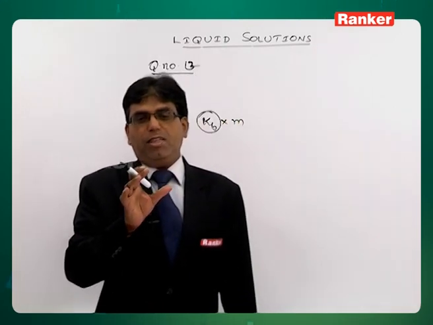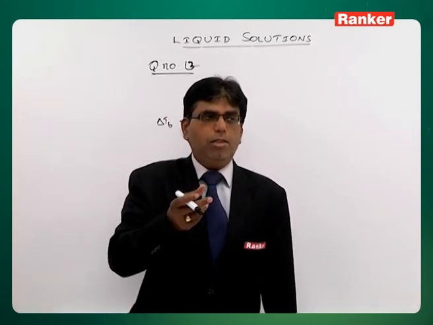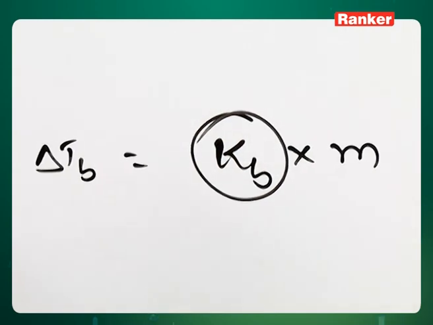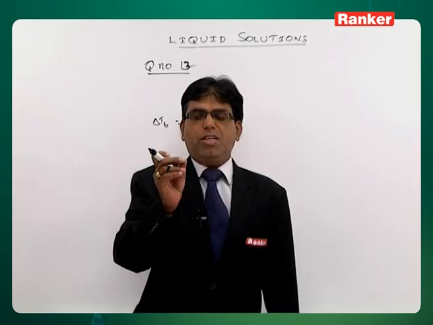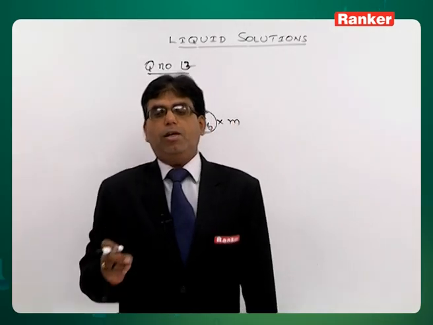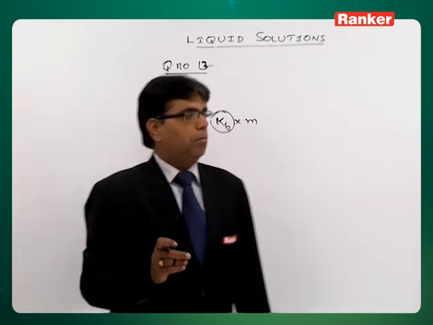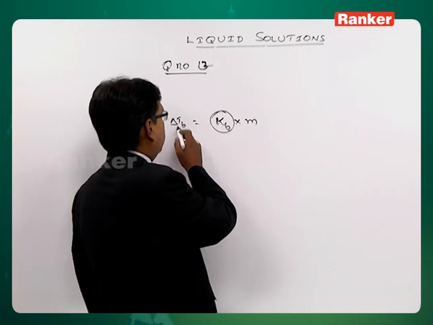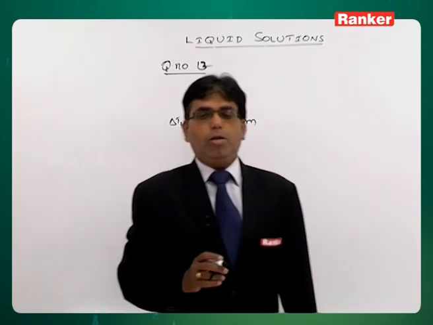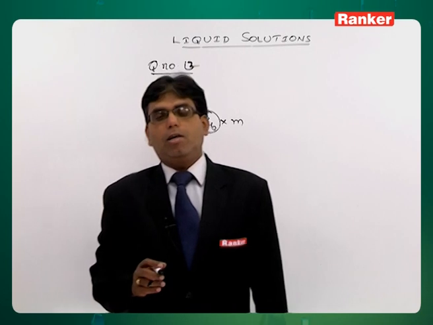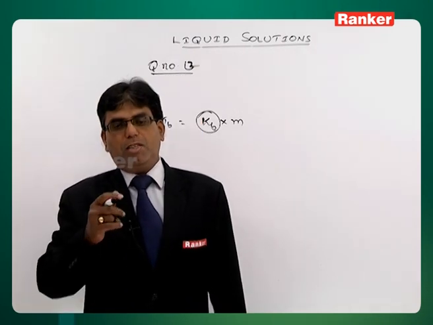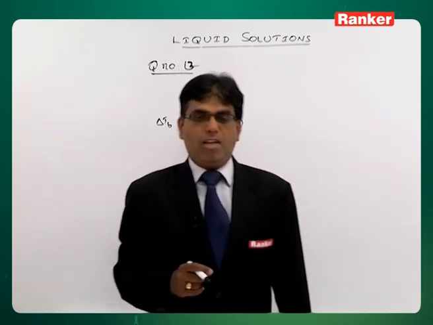That large difference is convenient to measure exact values. If that difference between the solvent and the solution is very small, then it is difficult to measure. But if the Kb is more, then this delta Tb will be more. So, it is very convenient to read the temperature on the thermometer scale.